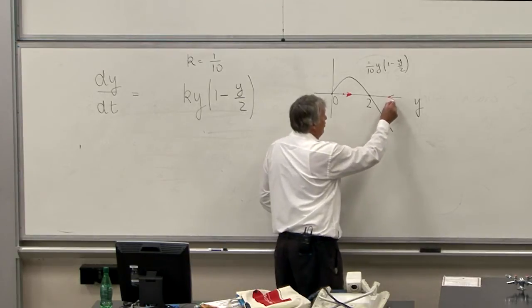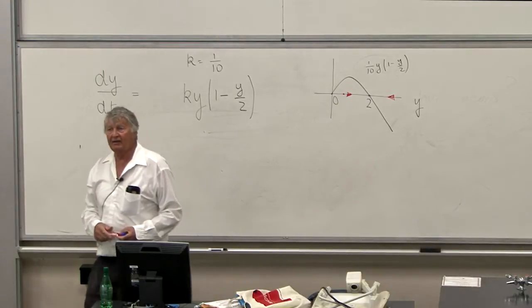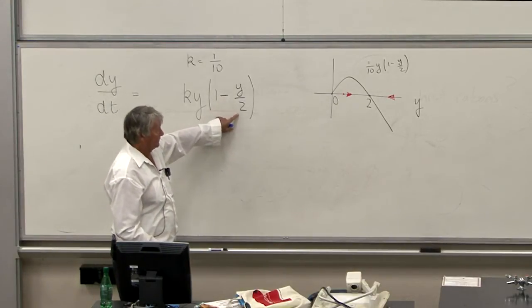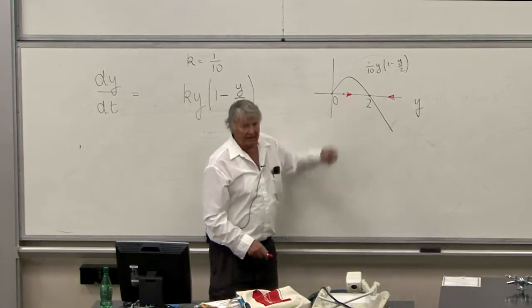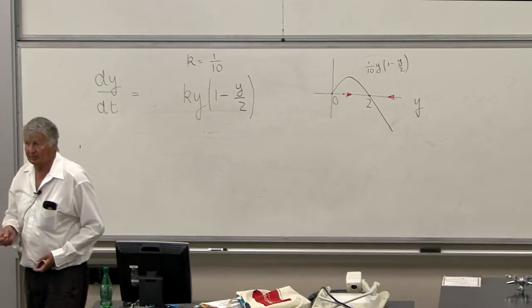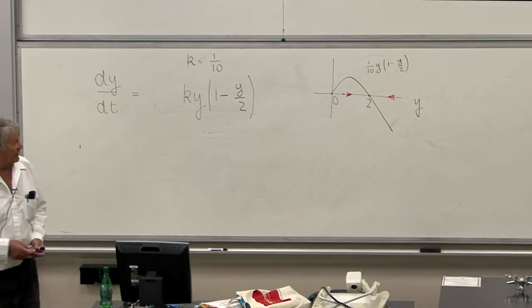If I happen to have more rabbits at the beginning than 2,000, then the number of rabbits decreases, because effectively this is negative, and so I end up again at 2. So 2 is an asymptotically stable equilibrium point. What is its basin of attraction?